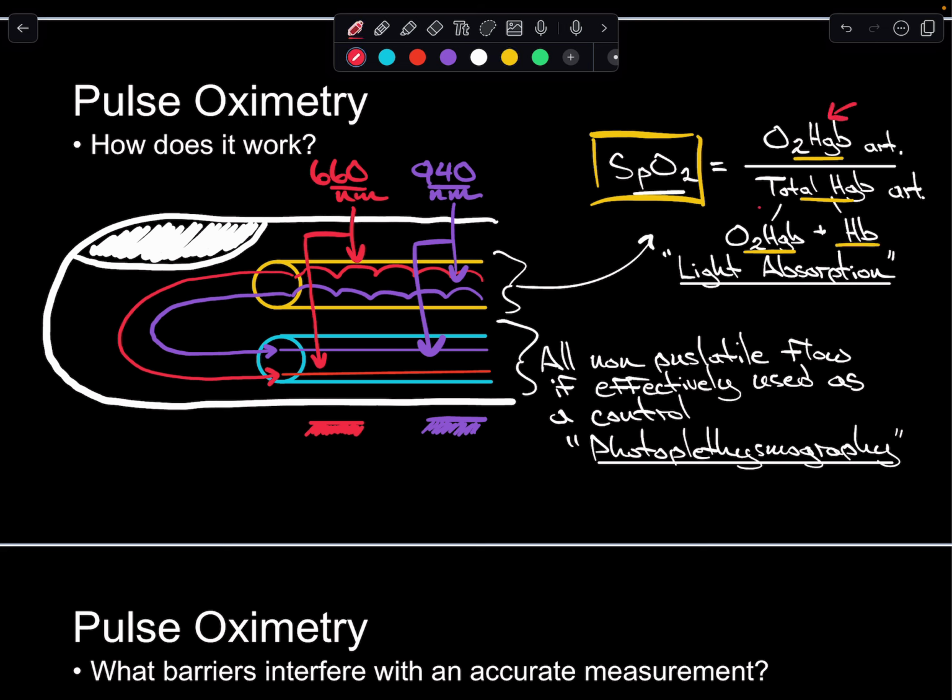So this is going to be your hemoglobin that absorbs the red light, same with this, and then your unbound hemoglobin is going to be the hemoglobin that absorbs the infrared light that I've drawn in purple.